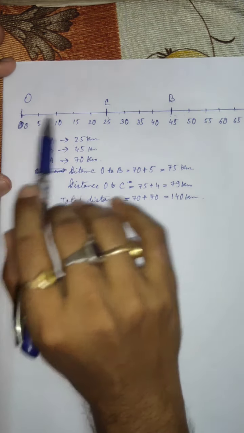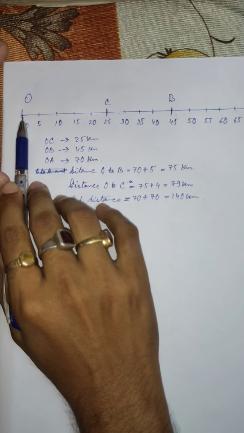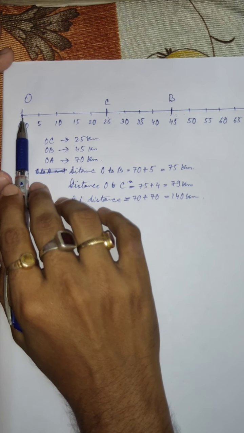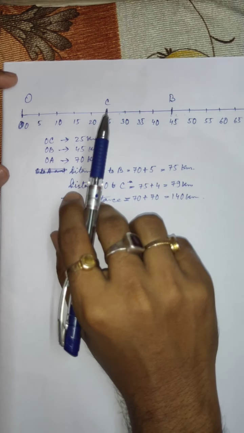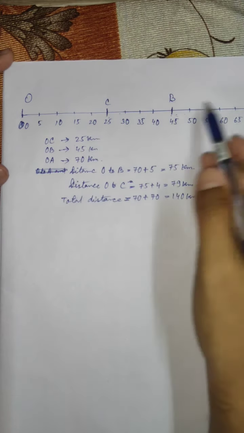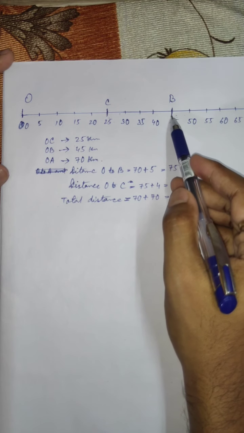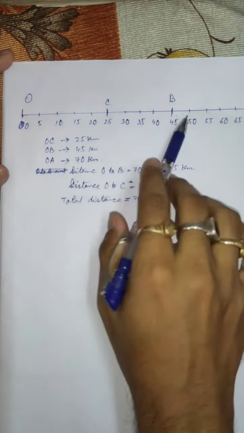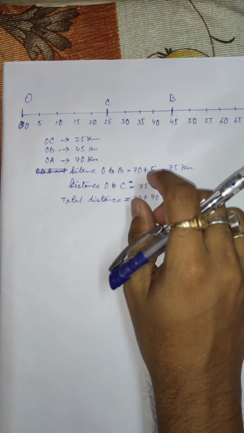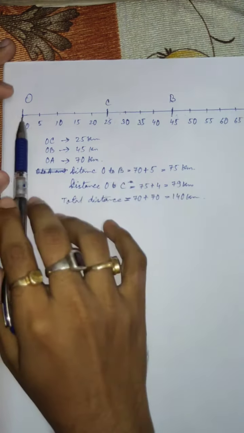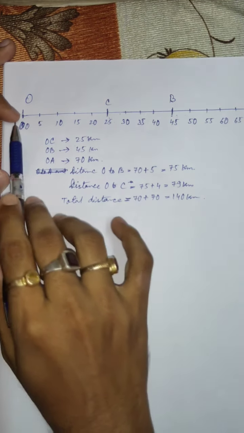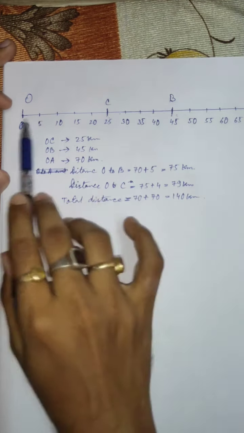So it is the distance between the initial position and the final position. When the object starts from O and reaches A, total displacement is 70 km, and when it comes back and reaches B again, then displacement will be OB, not the total distance traveled. So what is the distance between O and B?